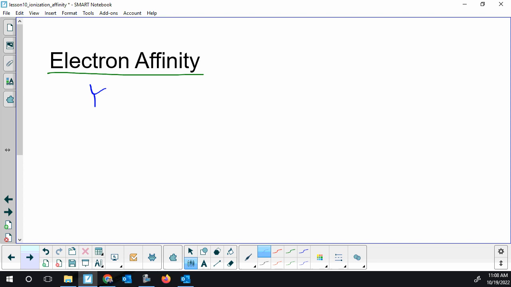I'm just using a generic Y. I'm not going to write out that same definition, but you need to have some element in the gas phase. And we're not looking at losing electrons. We're looking at gaining 1 mole of electrons. What's the affinity or attraction for electrons? And with attraction of electrons, you would be getting an anion.